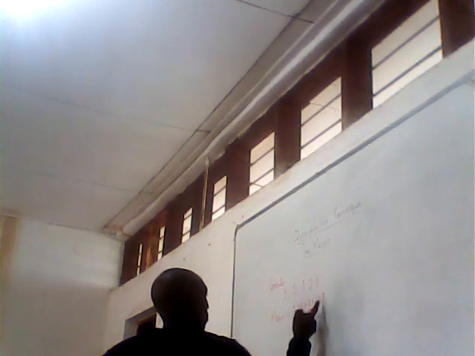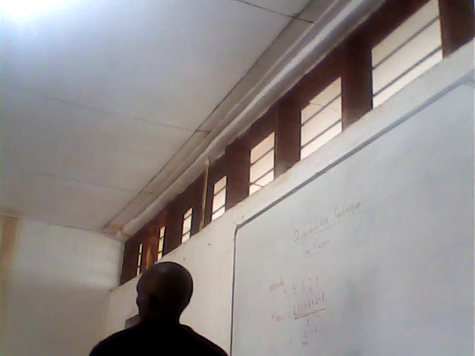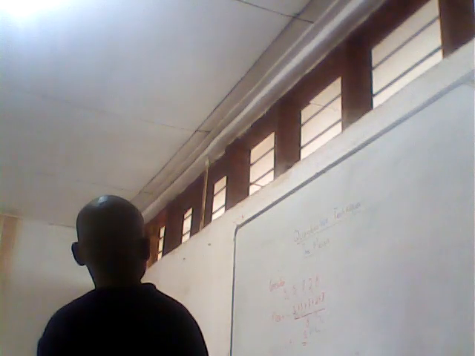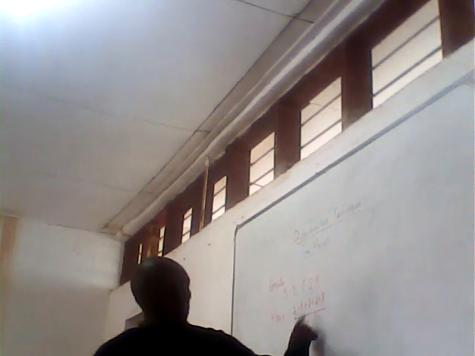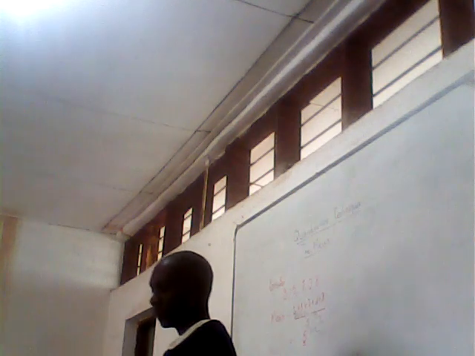This gives you 25 divided by 5, which is 5. So the mean value for that is 5.